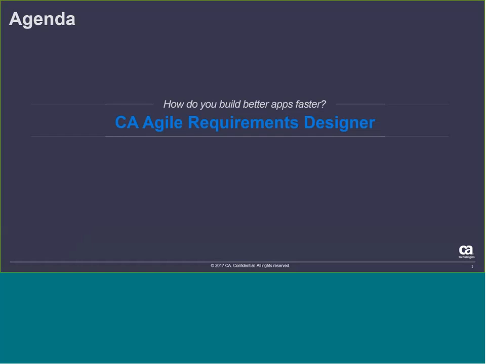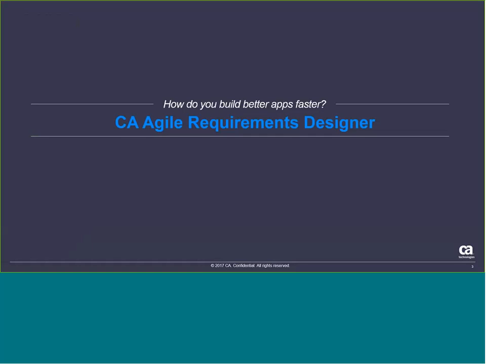CA Agile Requirements Designer is an end-to-end requirements gathering, test automation, and test case design tool, which dramatically reduces manual testing effort and enables organizations to deliver quality software to market earlier and at a much lesser cost.